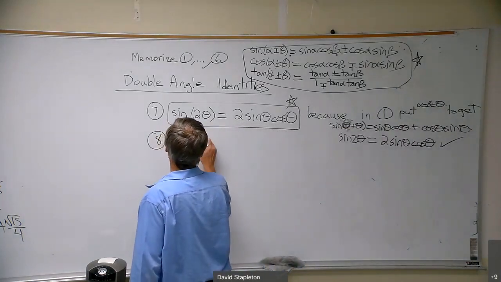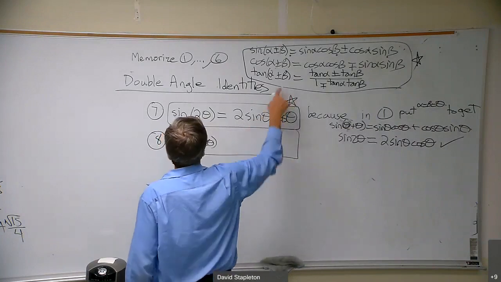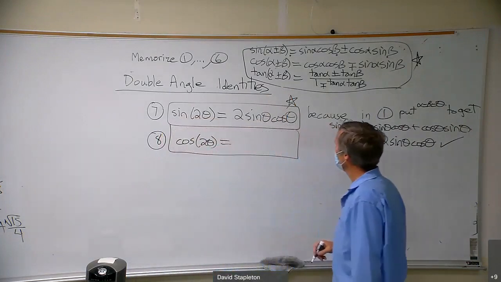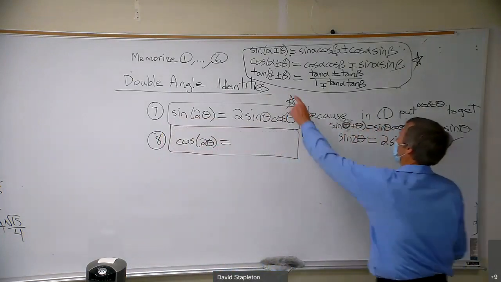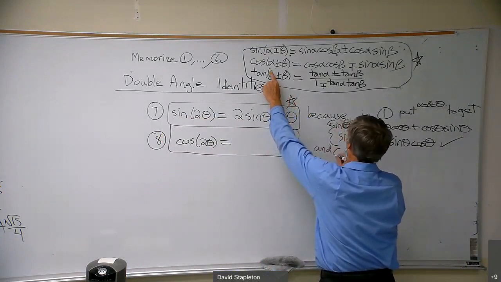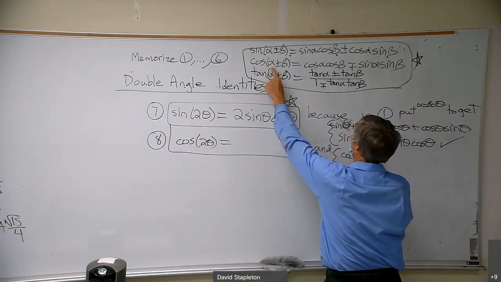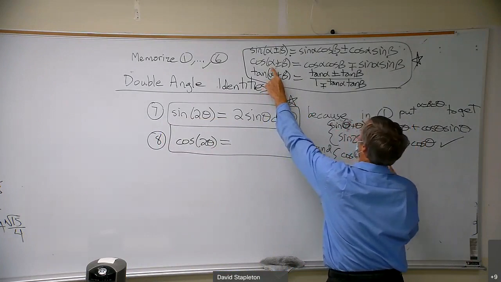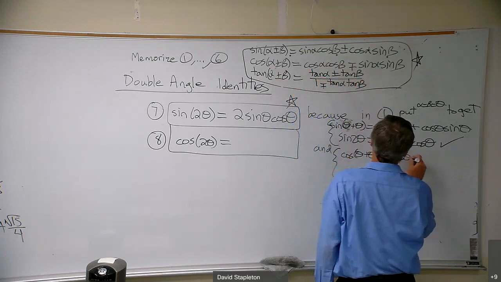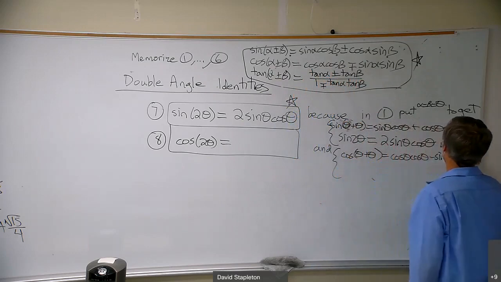Furthermore, we can take cosine of a double angle by a quick derivation. See how nicely these easy identities come out of the ones we already memorized? Cosine of a double angle. Suppose I use the second one. Put alpha equals beta equals theta on the second one. Now I've got cosine of theta plus theta equals cosine, cosine minus sine, sine, with everything theta.